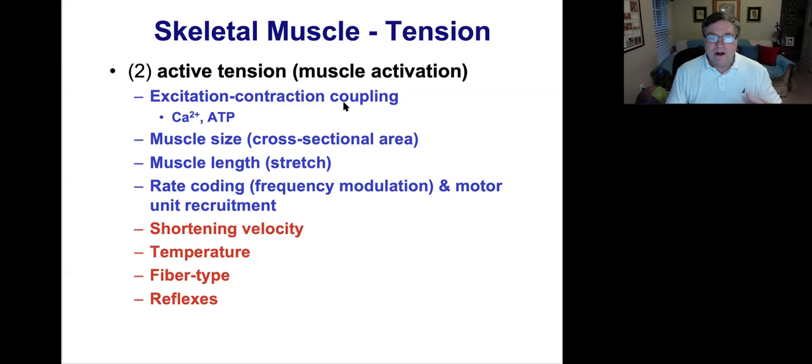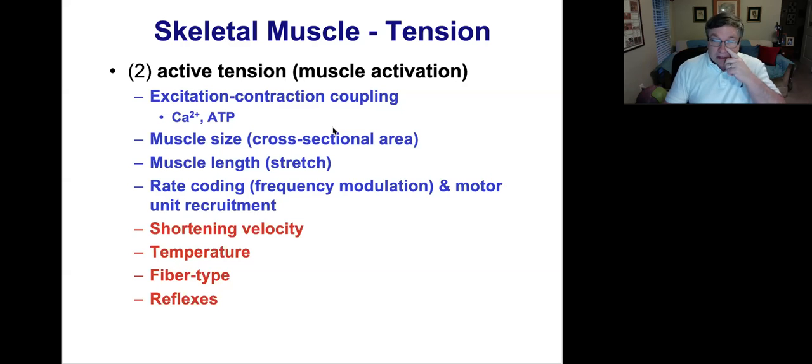Last time we talked about excitation contraction coupling, the effects of muscle size, meaning muscle cross-sectional area, stretching a muscle, muscle length, how that affects both active tension and passive tension, rate coding, which means increasing the frequency of action potentials coming down those alpha motor neurons, and along with motor unit recruitment, that's the way we control the amount of force that a muscle is producing.